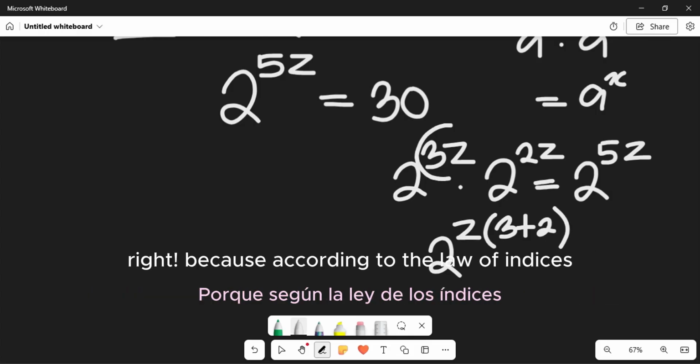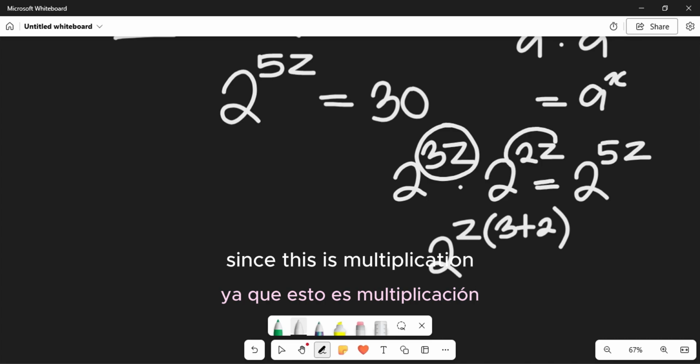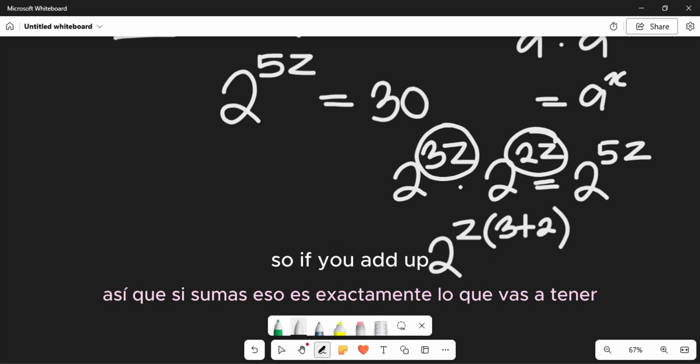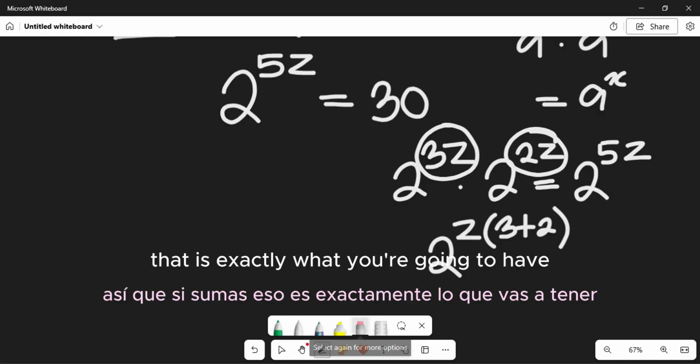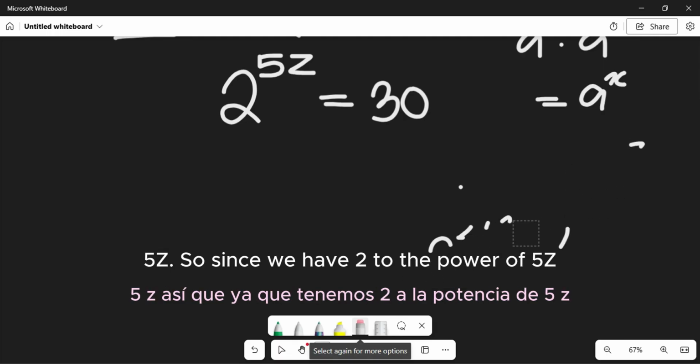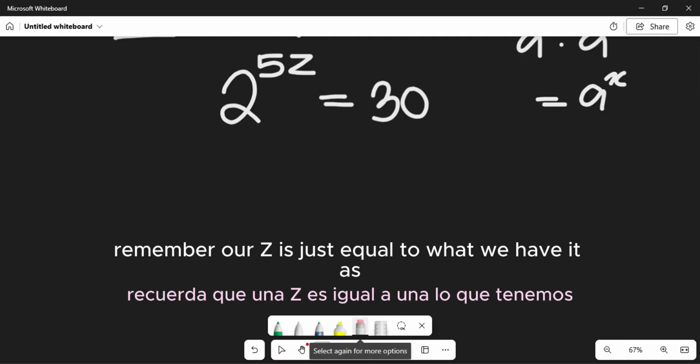Because according to the law of indices, since this is multiplication, these two should add up. So if you add up, that is exactly what you're going to have. So we're going to have 2 to the power of 5z. Since we have 2 to the power of 5z, remember our z is just equal to what we have.